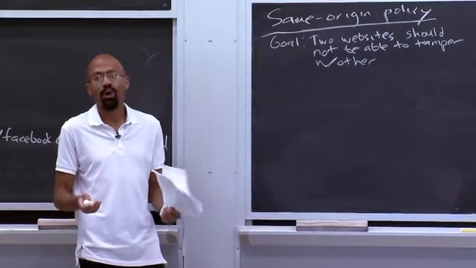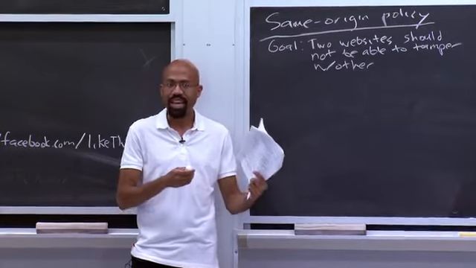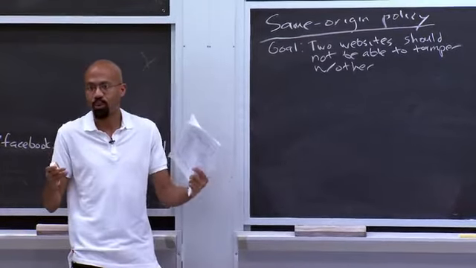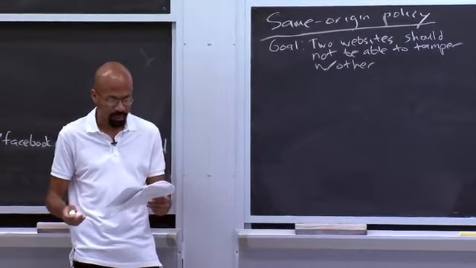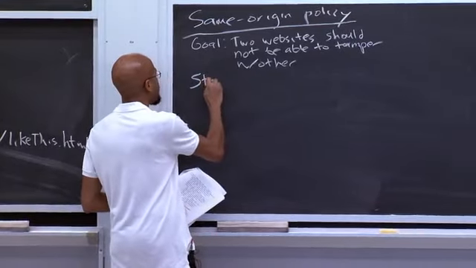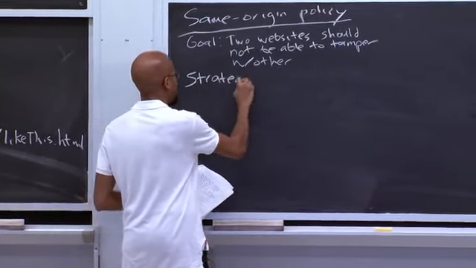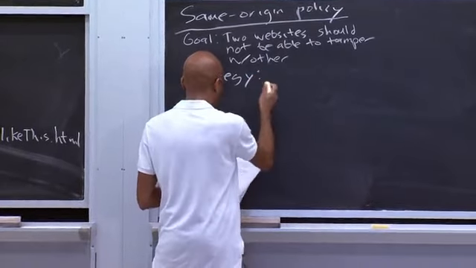Then there's other things that are kind of hard to say. So for example, if JavaScript code comes from origin X and it's inside of a page that's from origin Y, how exactly should that code and that content compose? So the strategy that the same origin policy uses can be roughly described as follows.